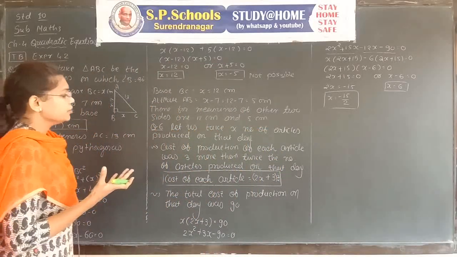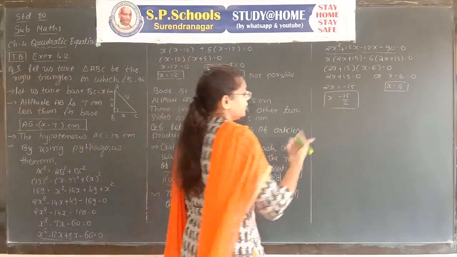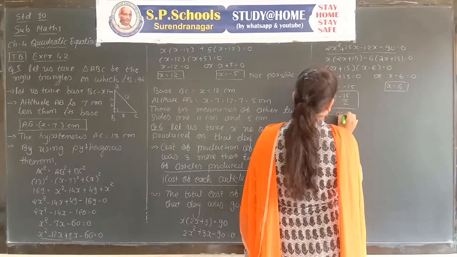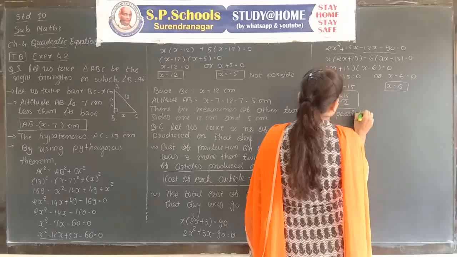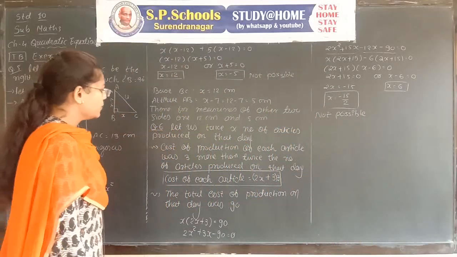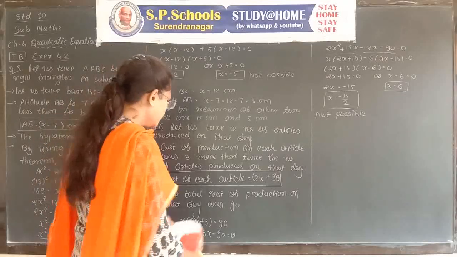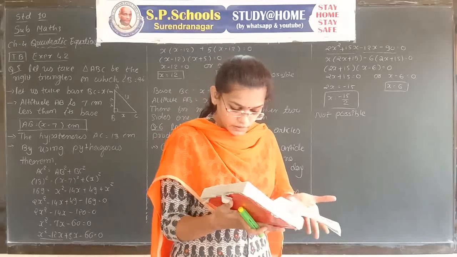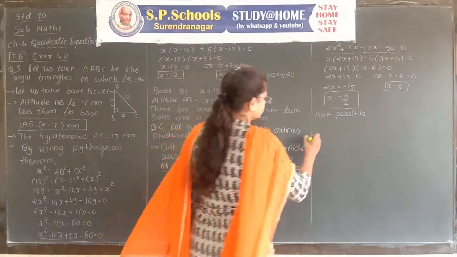The x is the number of articles produced on that day. Number of articles cannot be negative, which is not possible. Hence the value of x is obtained. We would like to find two things: the number of articles and the cost of each article.